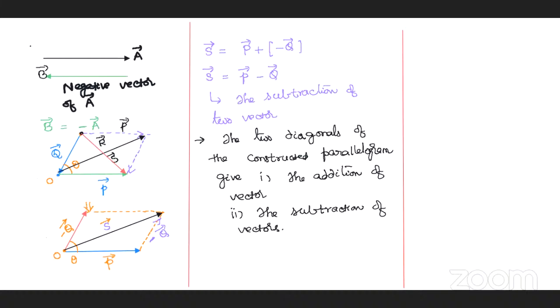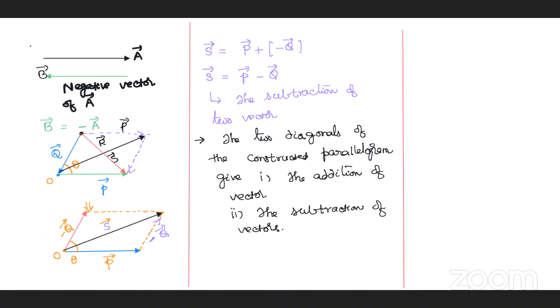Now, our question is, like in the parallelogram law of vectors, after finding the two vectors originated from the same point, we found the magnitude and direction of the resultant vector. In the same way here, we have to find the magnitude and direction of the subtraction of vectors.